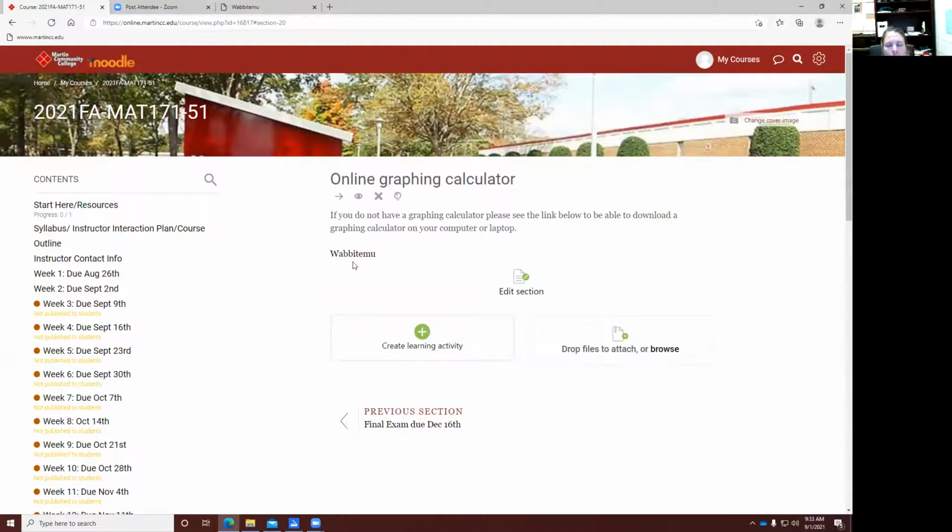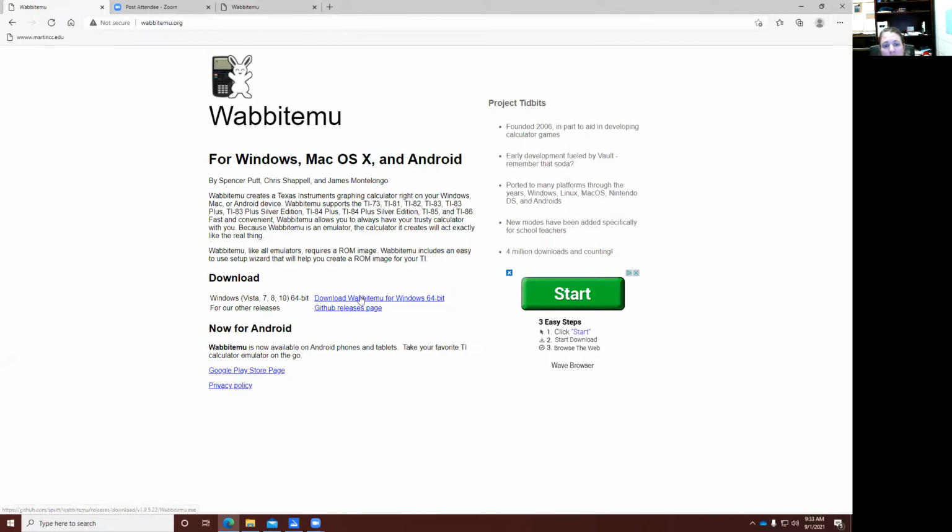There is a way to get an online graphing calculator. If you do not have a graphing calculator, there's a way to get one. This is the online option. You would click on this and you can download this onto your desktop or laptop. I'm not going to do that here because I don't have the rights to do that on my laptop at Martin, but if you have your own personal one, you can download it.